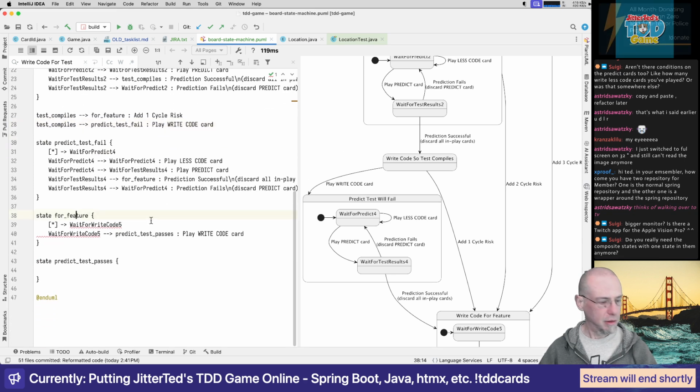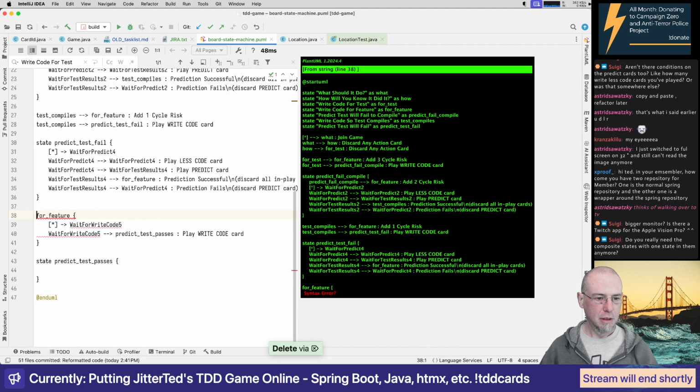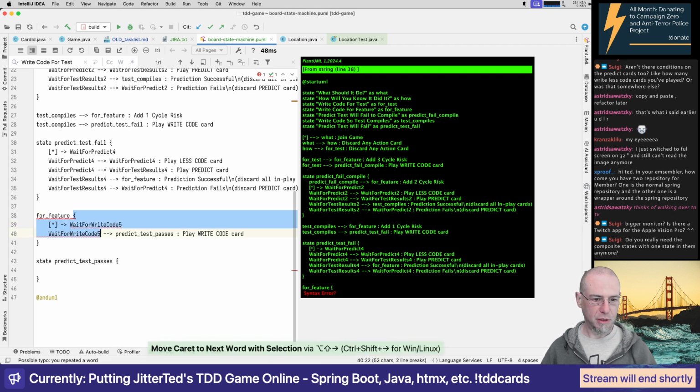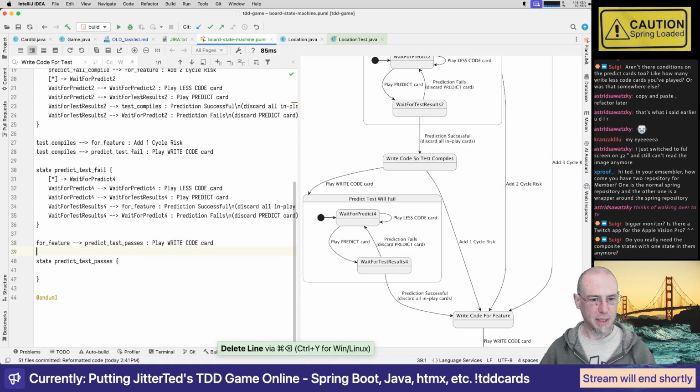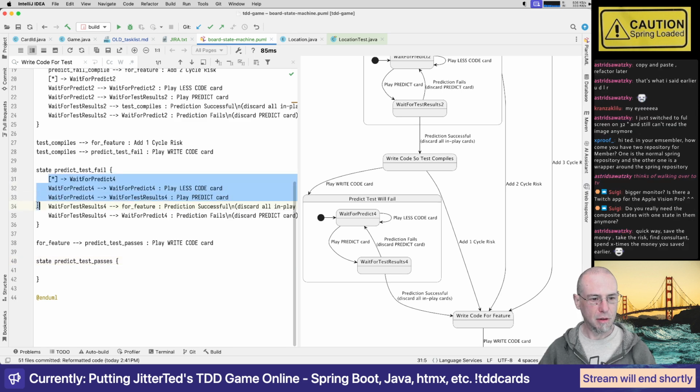And then this one, write code for feature. This one is pretty much just predict passes. That's how you exit. And then predict passes, that's the prediction process, which is pretty much that.